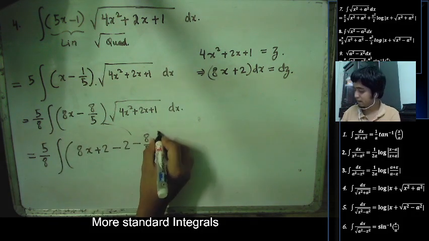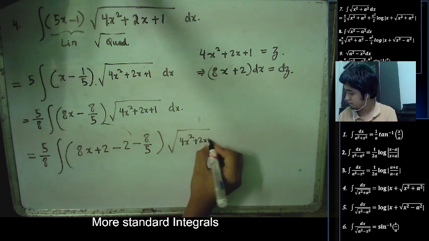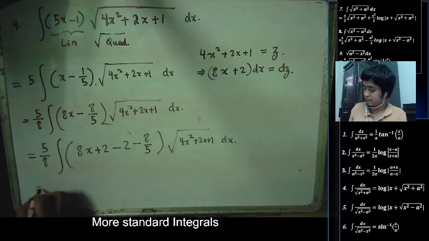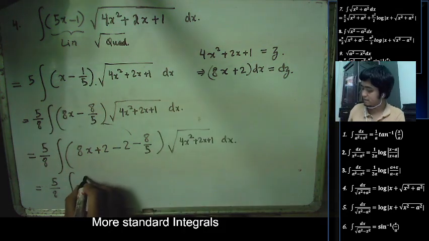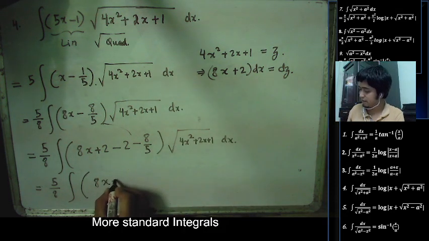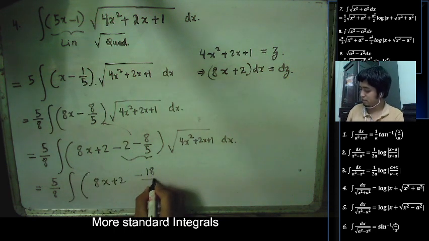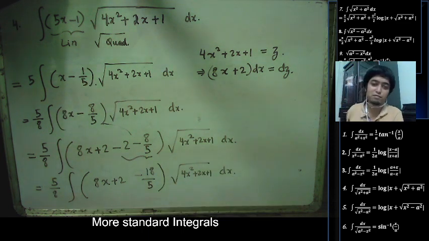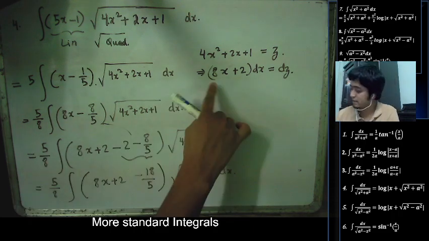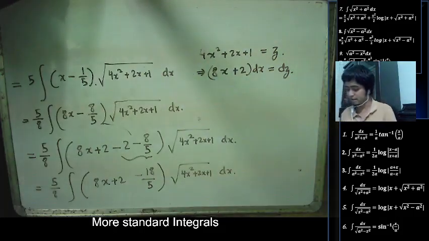So this is what we are having. 8x plus 2, I will keep it as it is because that is what I will be needing. And over here I will combine them. You will be having minus 18 upon 5, root over 4x squared plus 2x plus 1 dx. So we always have to adjust by using the derivative of the quadratic whenever we are having those types of integrals.